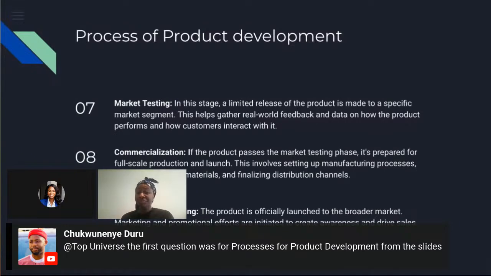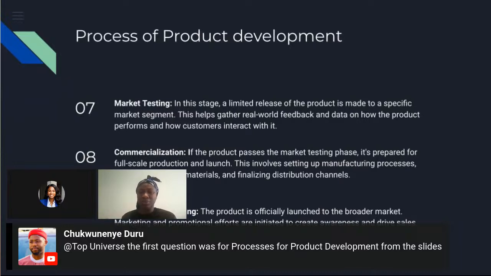To be very honest, market testing is not the job of a product marketer. It is a product management role. I can see why it sounds like a product marketer role, but it's not.